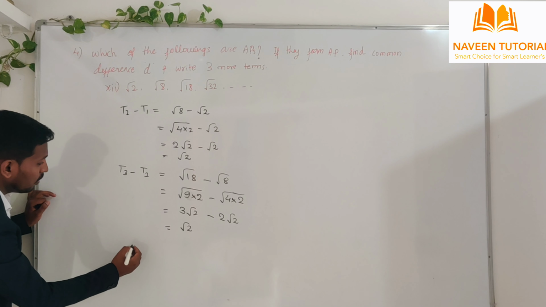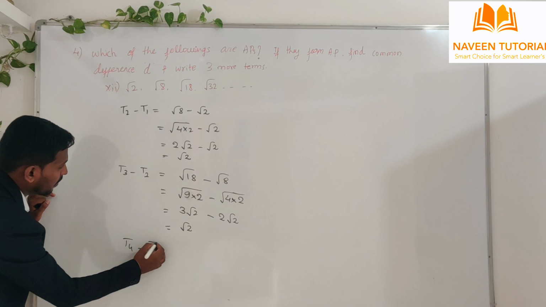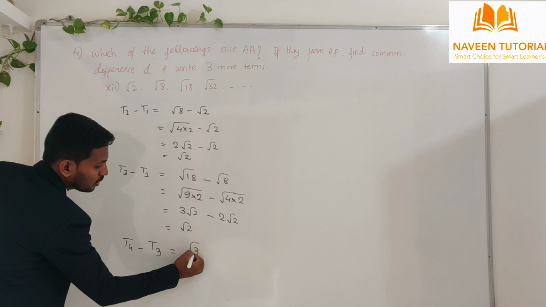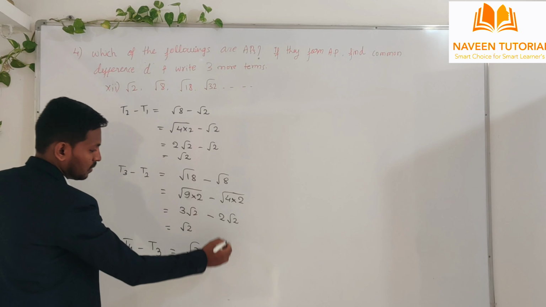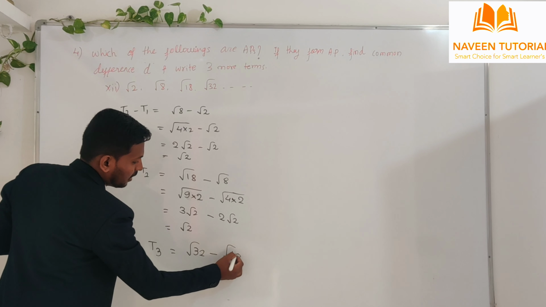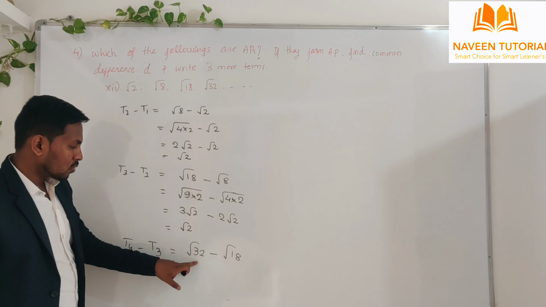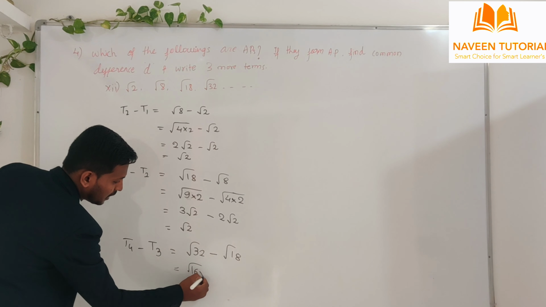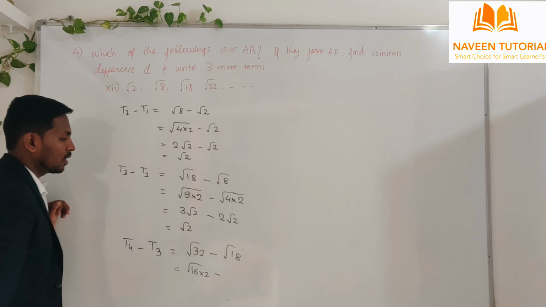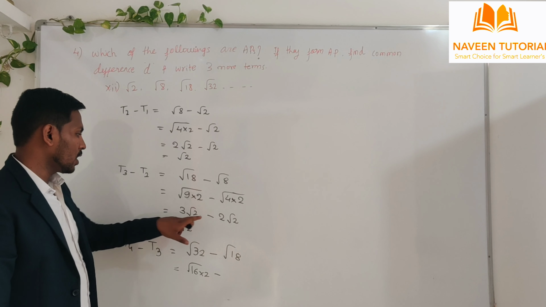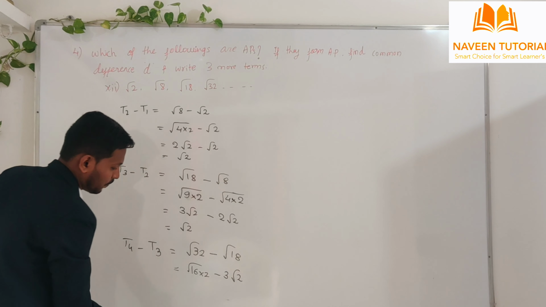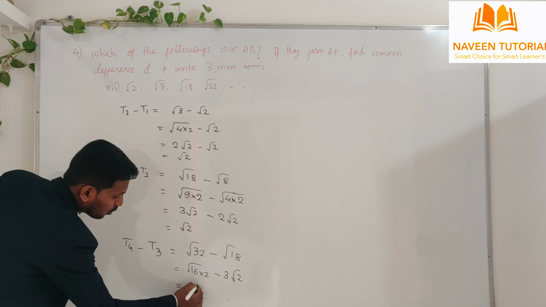So the value of 3 root 2 minus 2 root 2 is 1 root 2. Now we have to go to T4 minus T3. The T4 value is root 32 minus root 18. Now root 32 is root of 16 times 2, and root 18 we already have as 3 root 2.